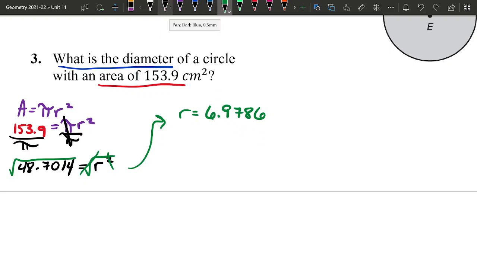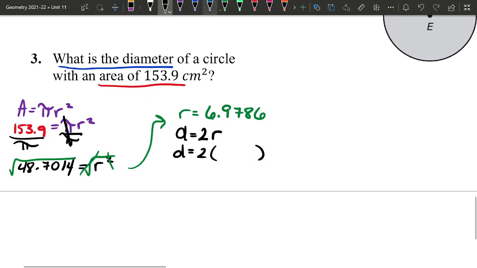And the diameter equals 2 times the radius. So the diameter equals 2 times 6.9786, which is 13.957.